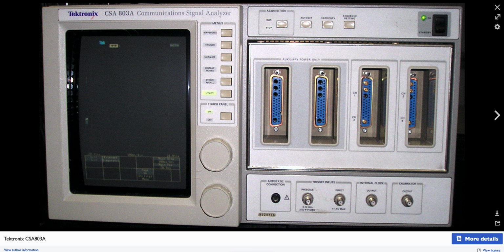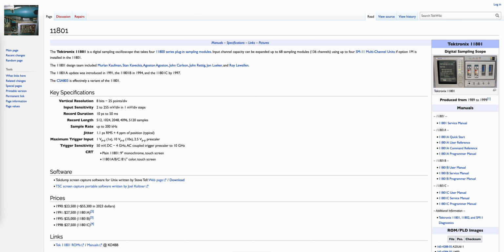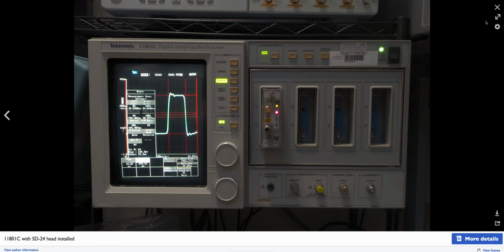So one slot is used to power that head, and the other 2 slots are used to place the heads that are going to do the sampling. I wanted to mention it because it's weird: when I was doing the research, the 803 was popping up, but as you can see, they belong to the same family.